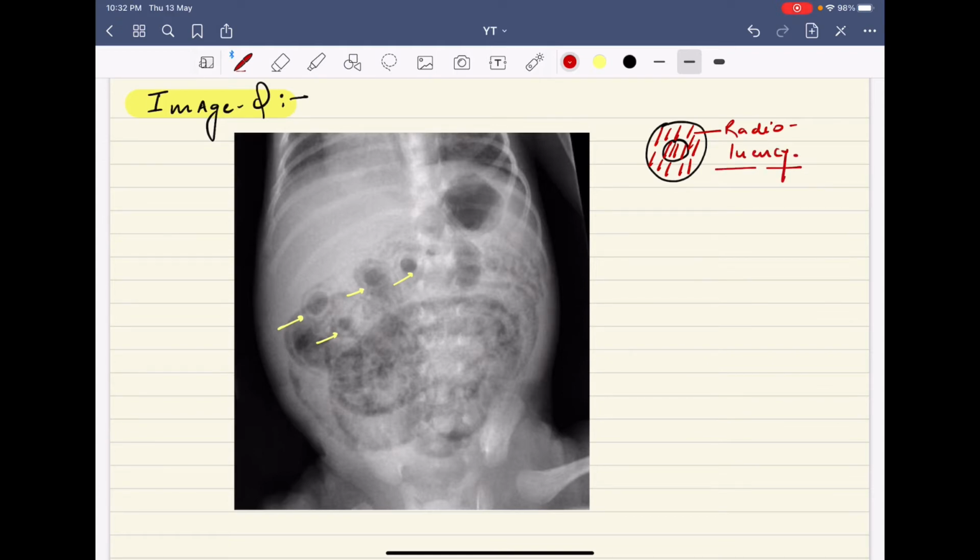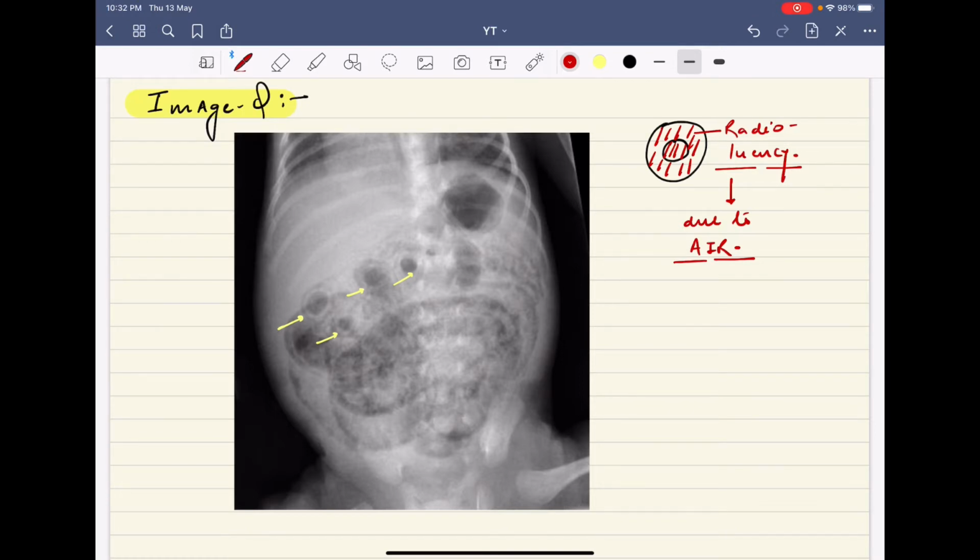Now why this radiolucency is, because you know that radiolucency is due to air, because here they have shown the image of the bowel. So we know that in bowel there is a presence of air, and when the X-ray is taken, this is seen as a radiolucency.